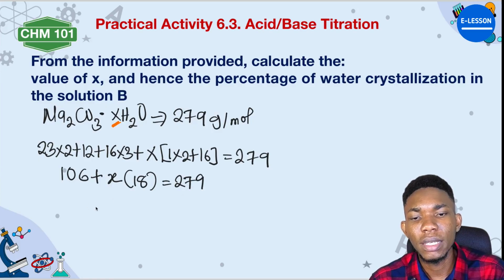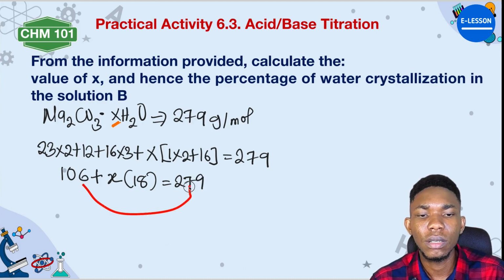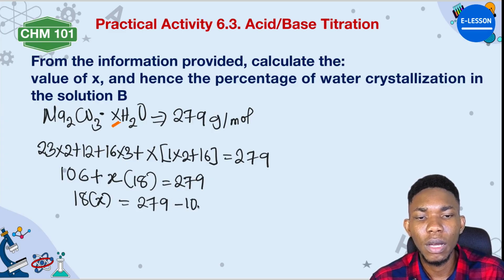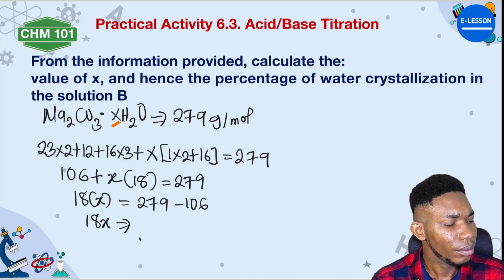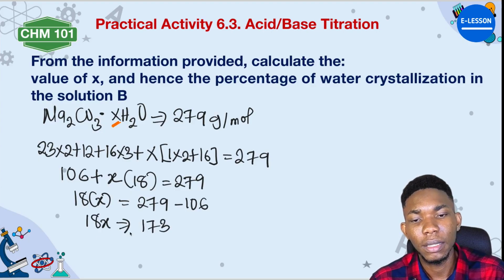Which should be equal to 279. So 18 times X, if the 106 crosses to this side, will be equal to 279 minus 106. 18 times X gives us 18X. 279 minus 106 will give us 173.